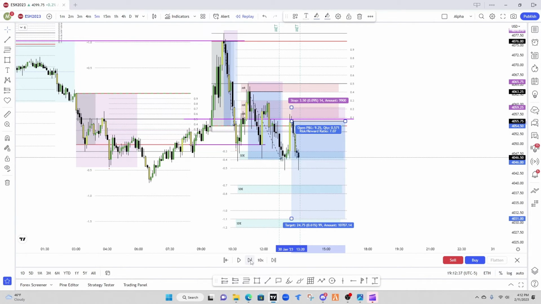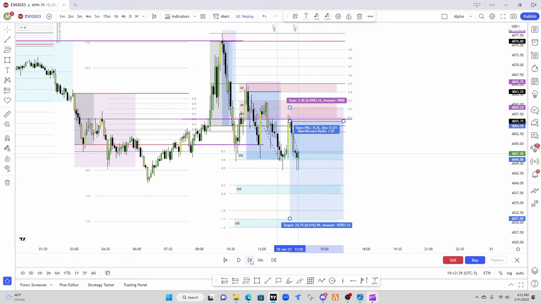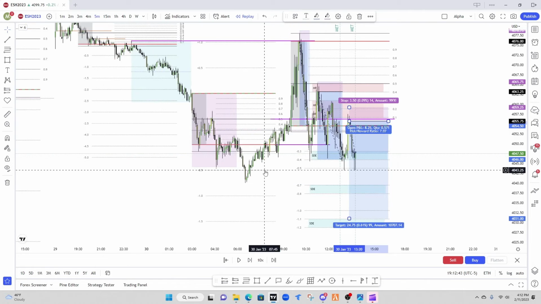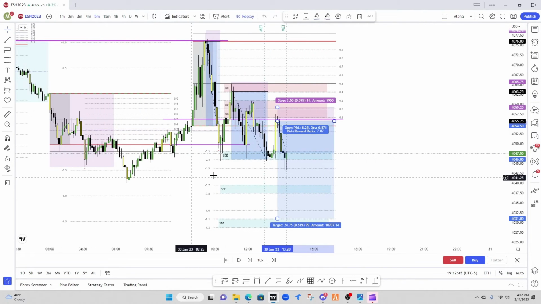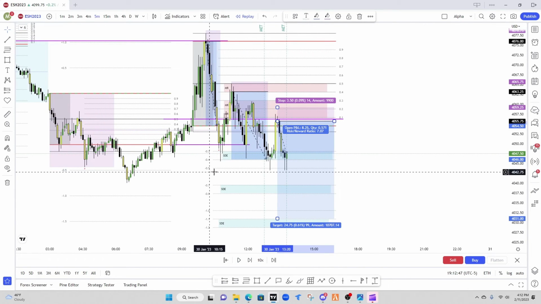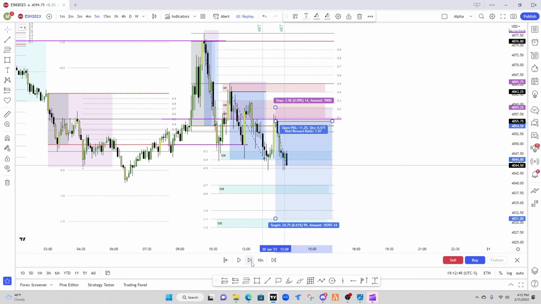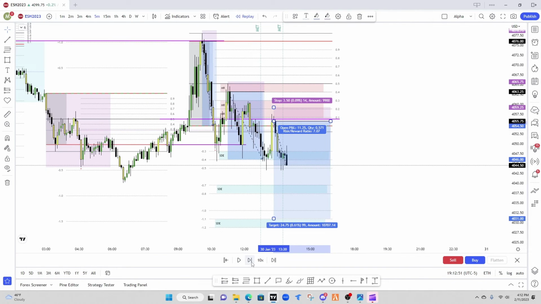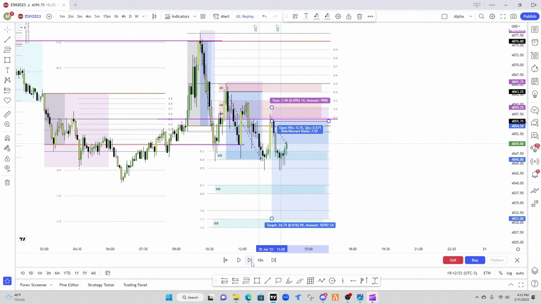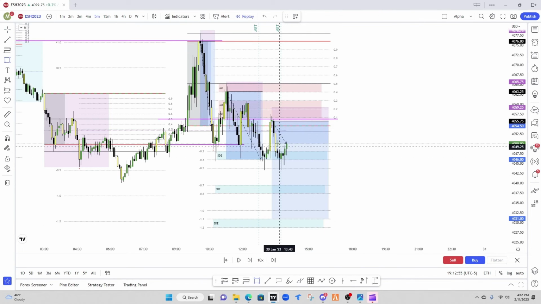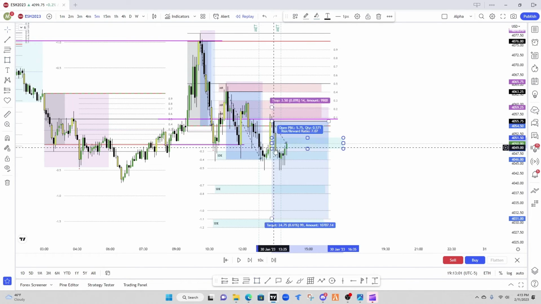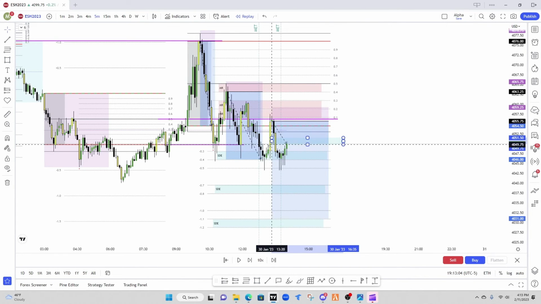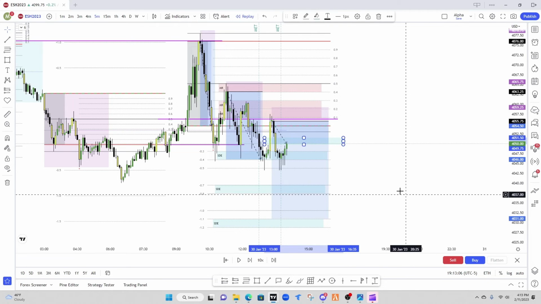Okay, we've pushed through. We've made our equal lows. We are respecting this area. It's possible there is something further to the left that we are not seeing. Okay, we've pushed back into this fair value gap right here, or as some of you know, this is a BPR right here.